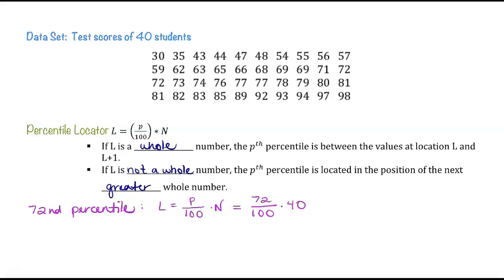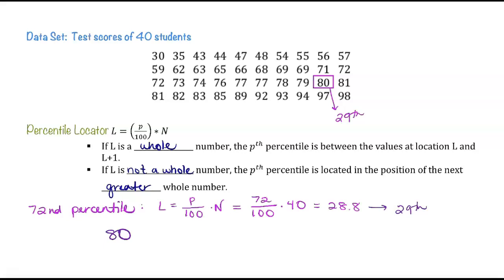Putting this into our calculators, we find that L is equal to 28.8. Since our locator value is not a whole number this time, the pth percentile is found in the position of the next greater whole number, or the 29th data value. The 29th value is 80, so the 72nd percentile is 80. 72% of all students scored less than or equal to an 80 on this exam.